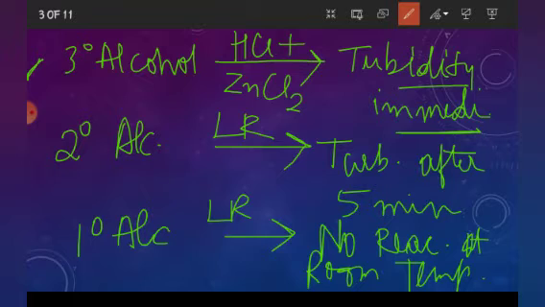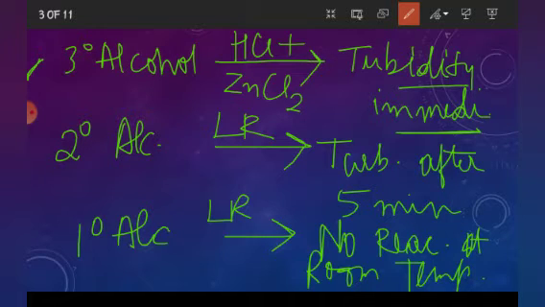You should know that alcohols are soluble in Lucas reagent, while their halides are not soluble, or they are immiscible, and they produce turbidity in solution.